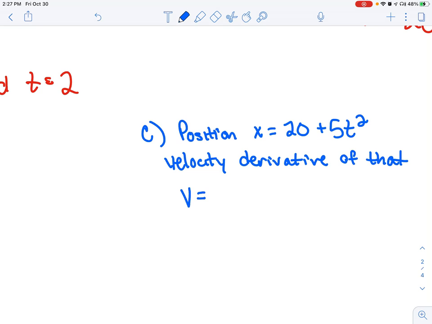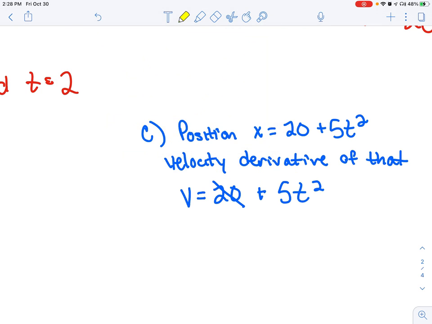for derivatives, if it does not have a variable, it goes away. So the 20 is gone. I can explain that mathematically later, but long story short, if it doesn't have a variable, it goes away. So the 20 goes away, and we had 5t squared. Here's how we find the derivative.